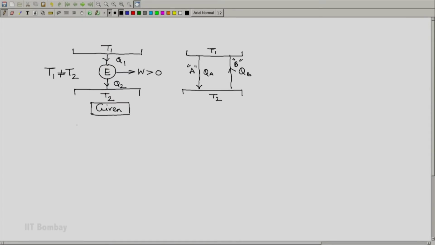Let us consider the first possibility. We will say E and A. What happens here?